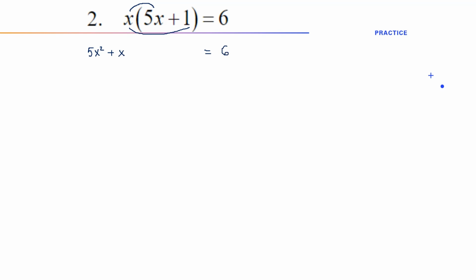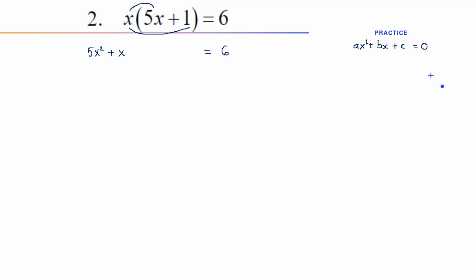Now I want to move the 6 to the left hand side because I want to keep my quadratic standard form, ax squared plus bx plus c equals 0.